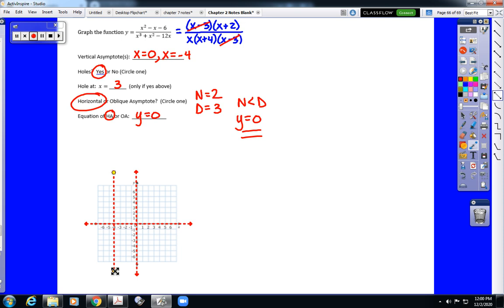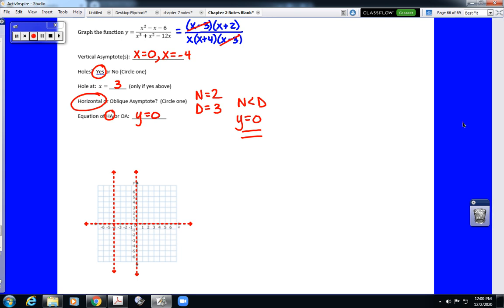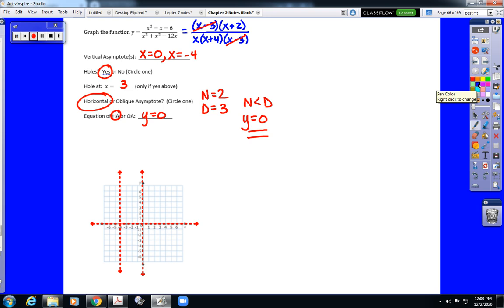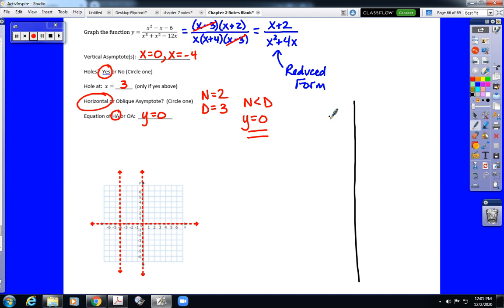Now, one important note here is that we have what is called a reduced form of this function, which we can actually just graph. We can use that equation to generate our table. So when we look at our graph, we have 3 sections.